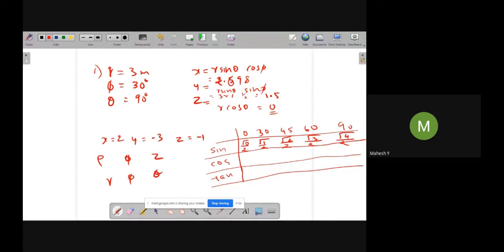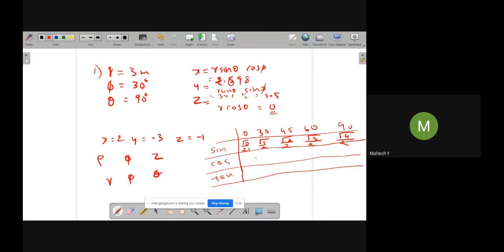Root 0 by 2 is 0, so sine 0 is 0. Root 1 by 2 is 1 by 2, so sine 30 is 1 by 2. Root 2 by 2 is 1 by root 2, so sine 45 is 1 by root 2. Sine 60 is root 3 by 2. And sine 90 is root 4 by 2, which is 2 by 2, that is 1.